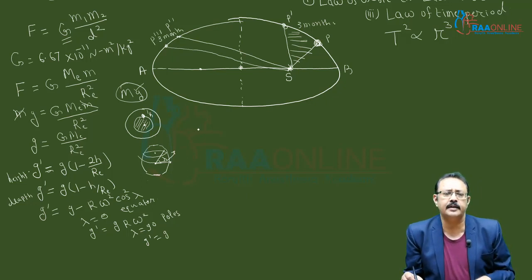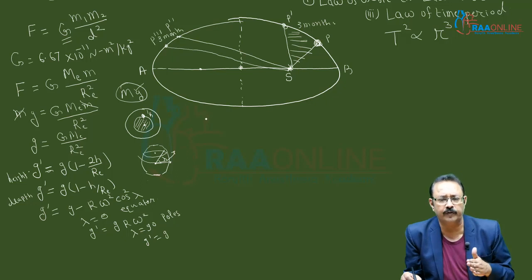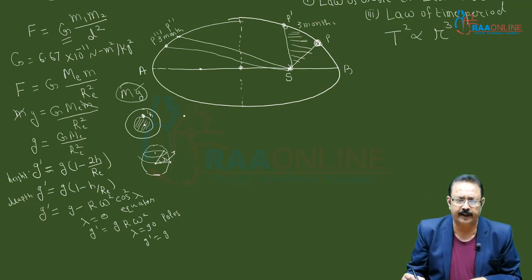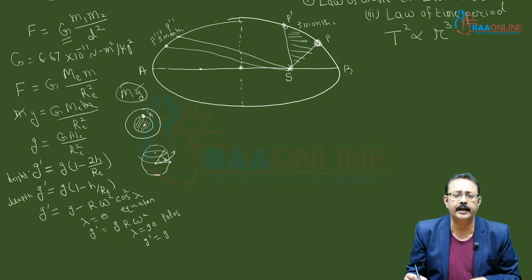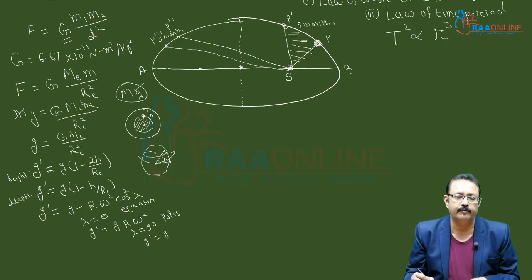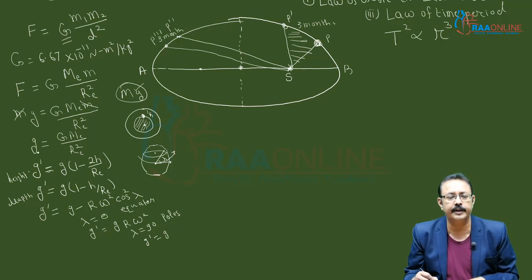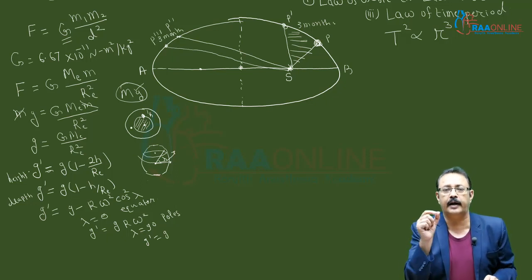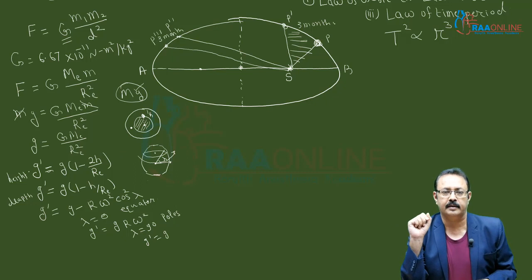Again, there is a second reason why the value of g is maximum at the poles. Earth is not perfectly spherical. So the polar radius is less than the equatorial radius and radius is in the denominator. If the polar radius is less, g should be maximum at that place. So these were the reasons why the value of g is different at different places.